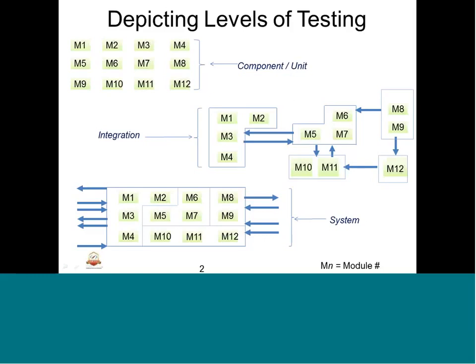You may be wondering why M12 is tested here as well as here. The idea behind integration is that M12 could have a binding on hardware or any subsystem software, so that needs to be integrated. Why? We need to exercise it as a module, to see how it works with the other modules. How M12 can integrate with M8 and M9, how M12 can integrate with M10 and M11, etc.